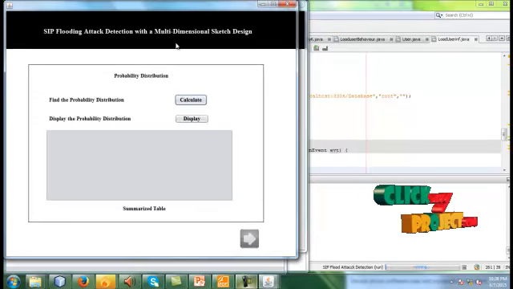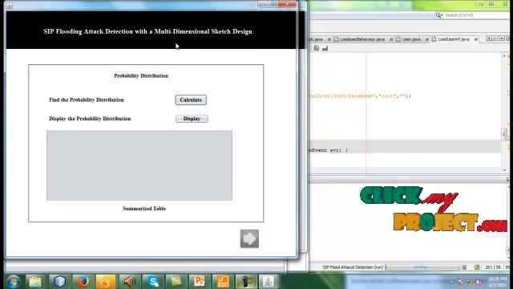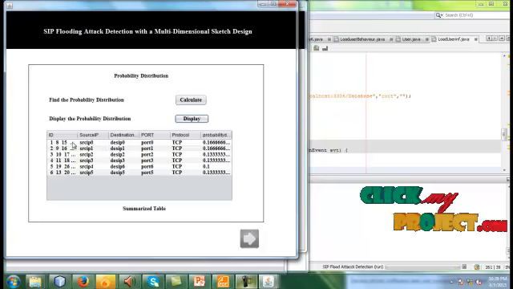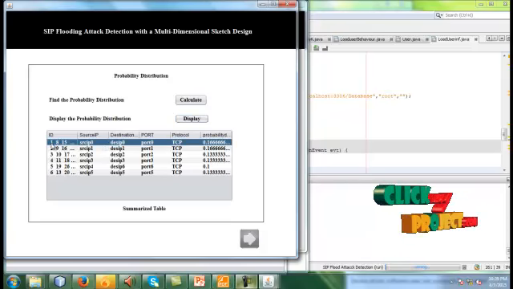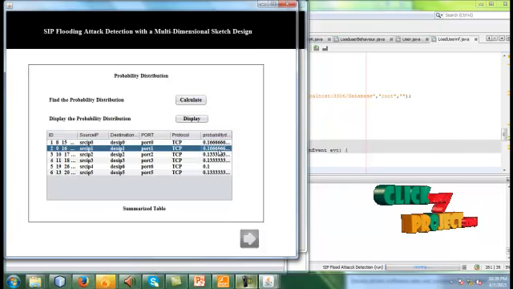After creating the sketch entries, we have to calculate the probability distribution for the sketch entries. These are the entries of SIP messages. This is the probability distribution value. There are 6 probabilities.